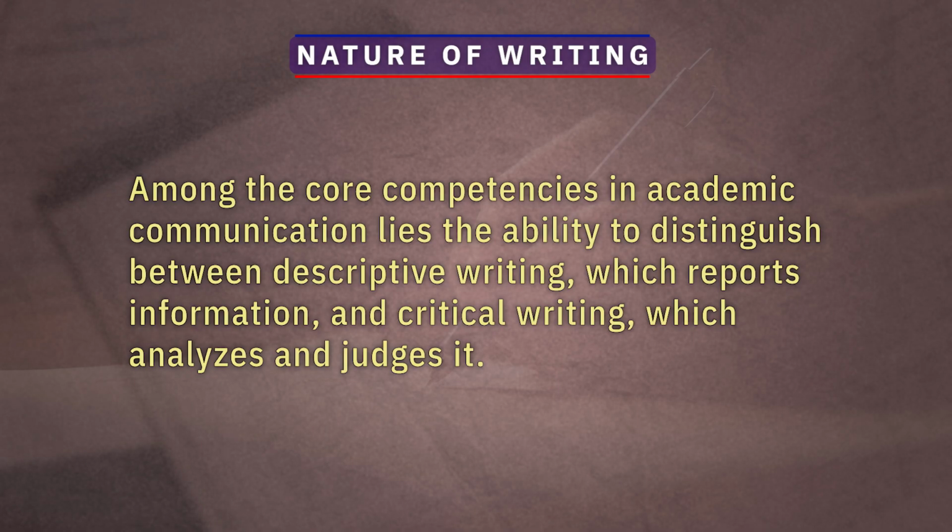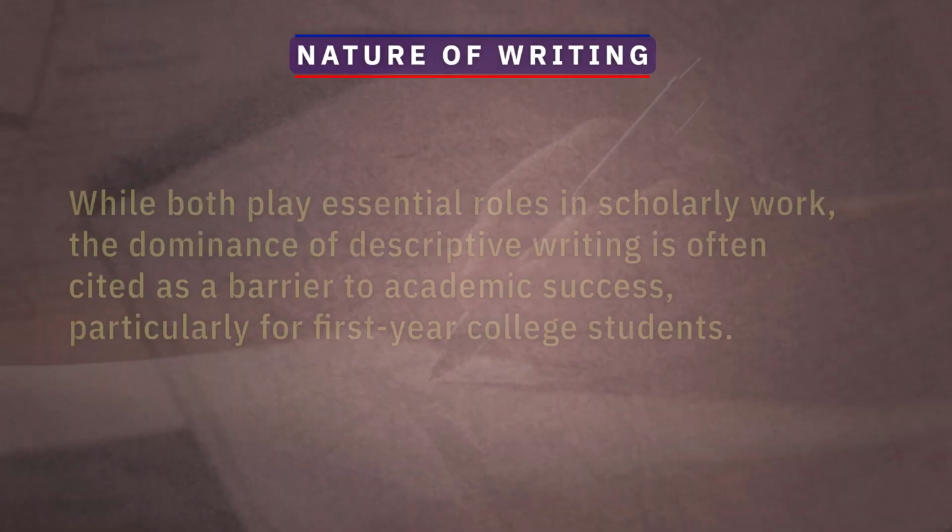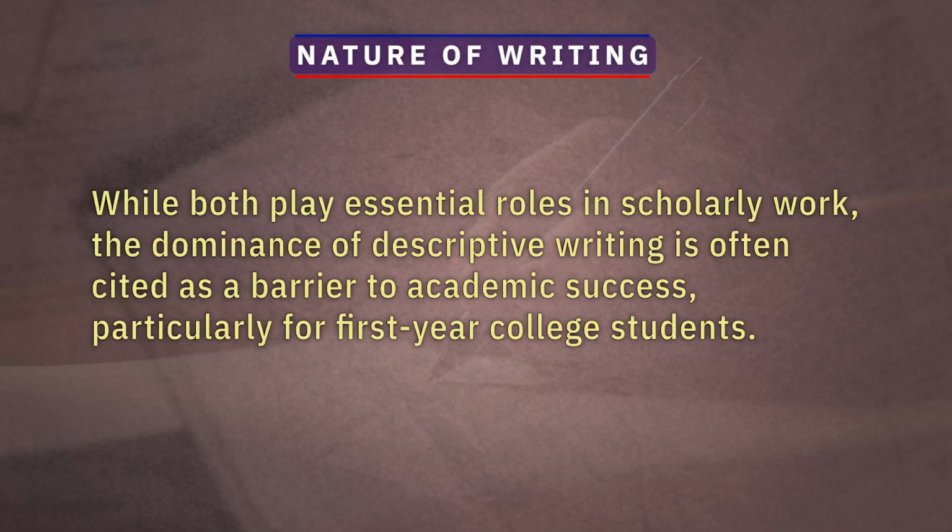Now, descriptive writing is primarily based upon reporting information, while critical writing, on the other hand, is based upon analysis and interpretation. This is the fundamental difference between these two types of writing. Both play an essential role in academic work and scholarly writing.